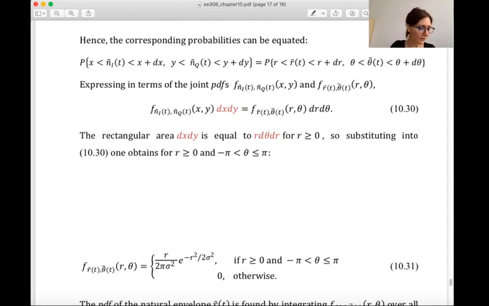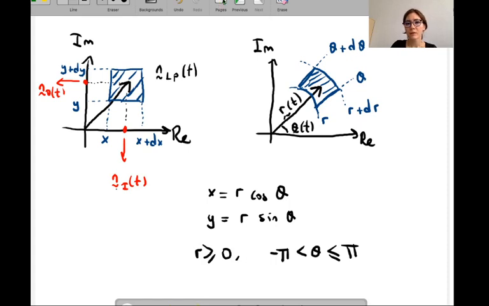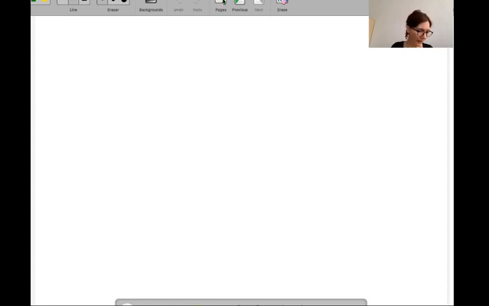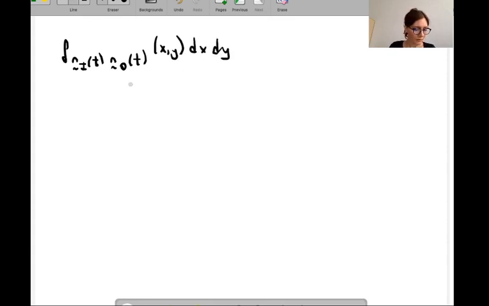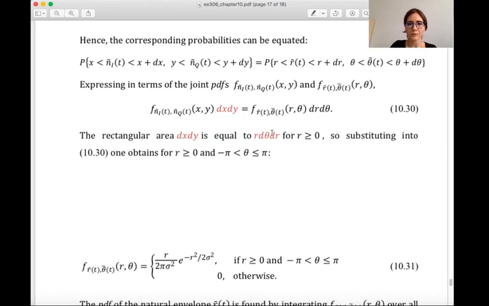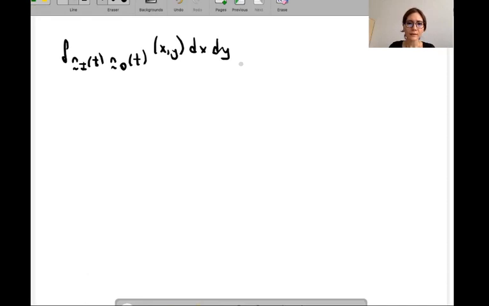So doing this change of variables, let's maybe write down the equations we have. Let's begin with the joint density of Ni and Nq. So f of Ni of t and Nq of t, xy, dx dy. I'm just starting with this expression and developing it. So let's write it down in terms of its analytical formulation.